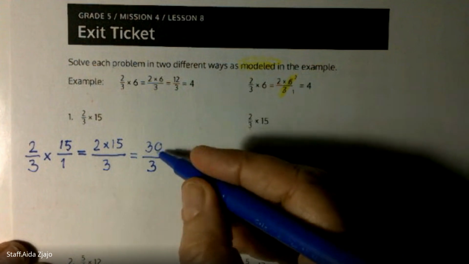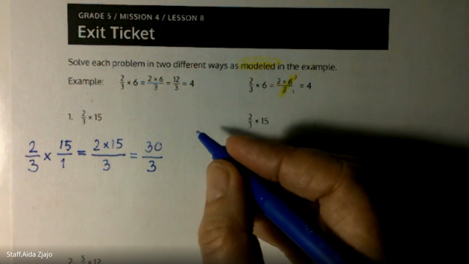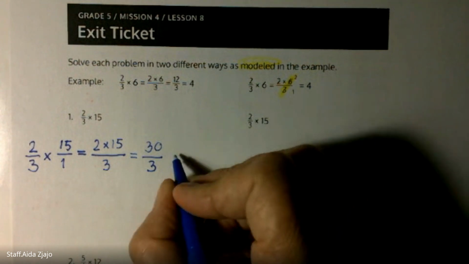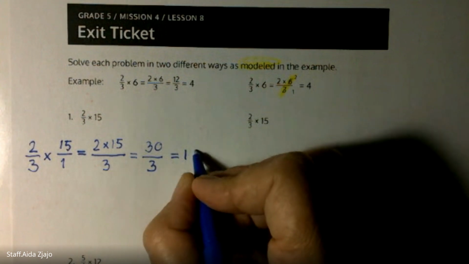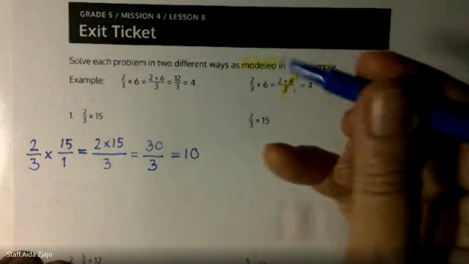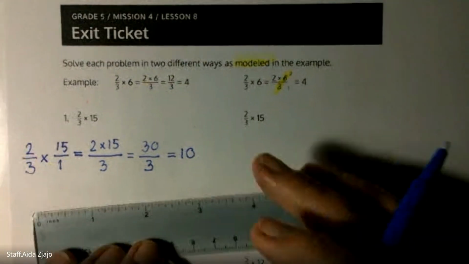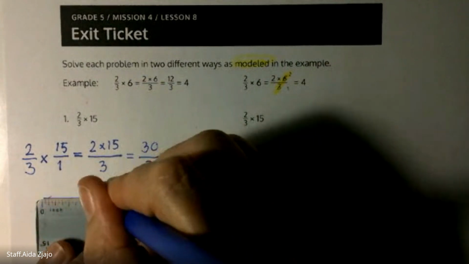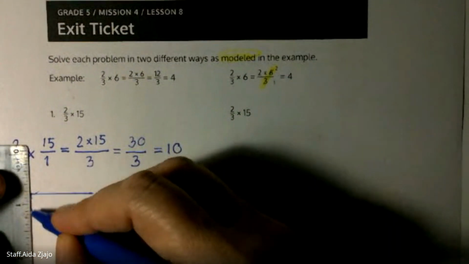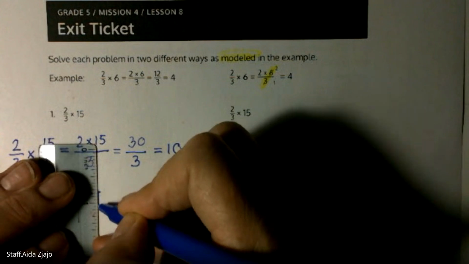So how many 3s are in 30, or what number times 3 equals 30? Of course it is 10. So 2/3 of 15 is 10. If I needed to prove it in a very quick drawing, I can draw 3 parts, if that is easier for you to understand.